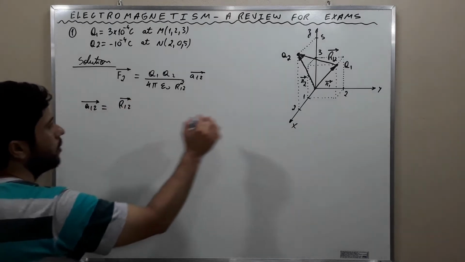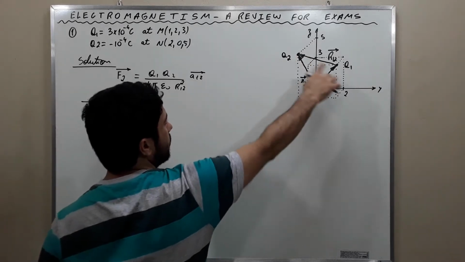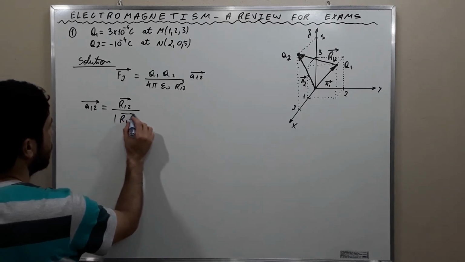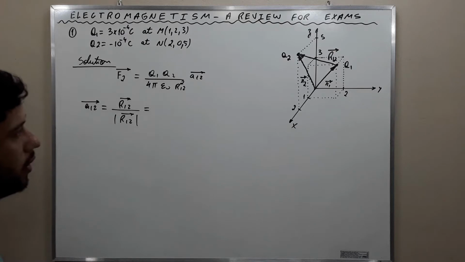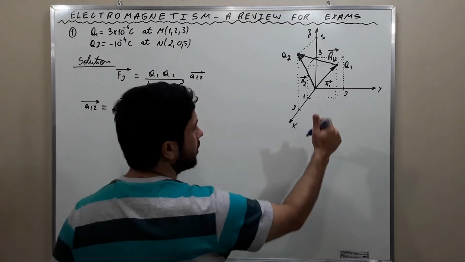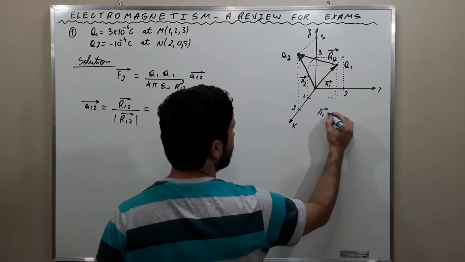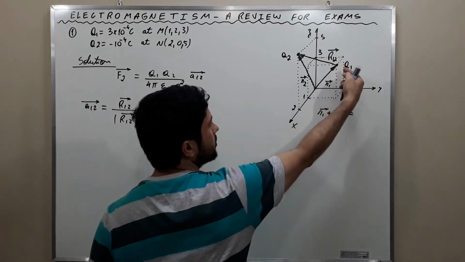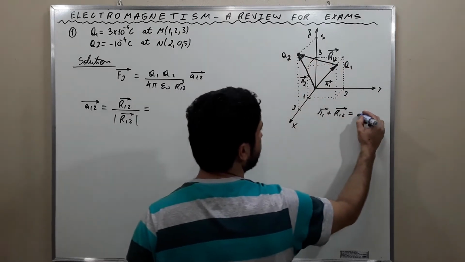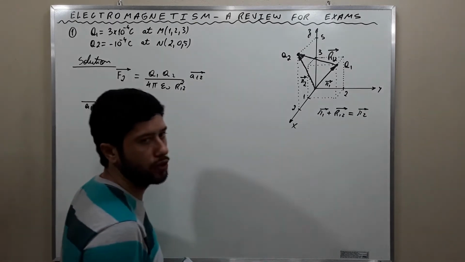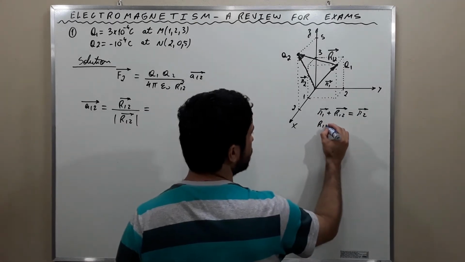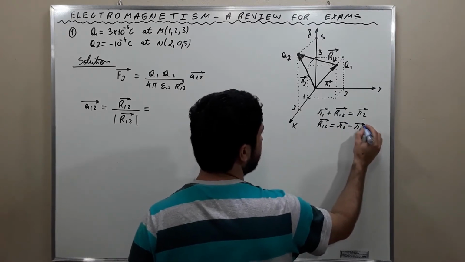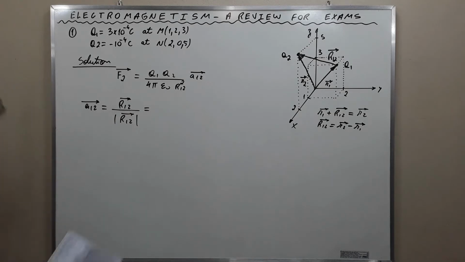R12, this vector here, divided by its magnitude. And since we have that R1 plus R12 is equal to R2, which means that R12 is equal to R2 minus R1, we are going to use this.